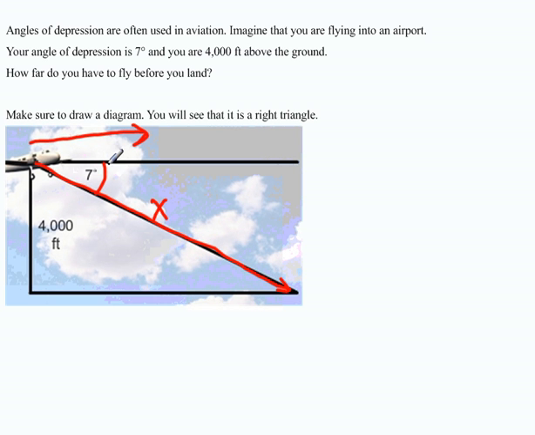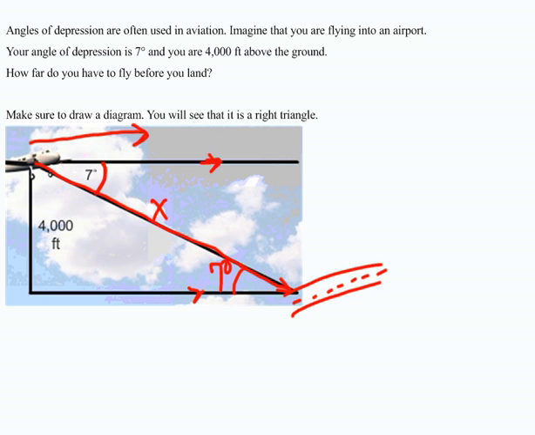Now, recall that an angle of depression is the same as if we were down here at this airport trying to make our runway, the same as our angle of elevation. And if we have these parallel lines with the horizontal, then we have alternate interior angles. So therefore, this is a 7-degree angle as well.